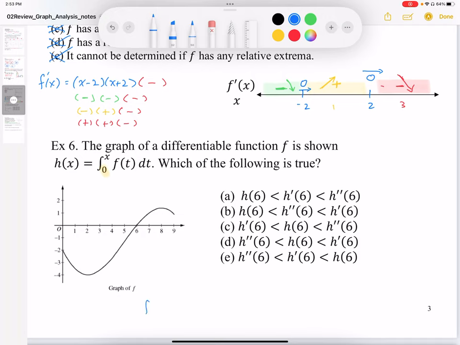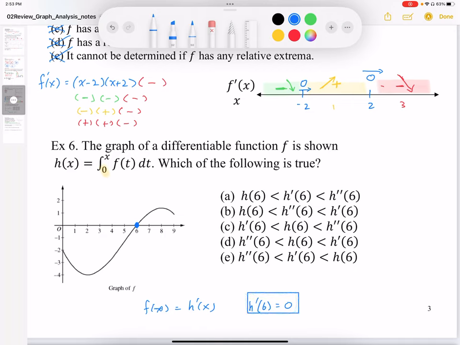So f is the derivative, so f of x is telling us something about the derivative of h. Okay, so the y value of the f is the derivative, h prime. So that tells us then that h prime at 6 is equal to 0. So that's key.